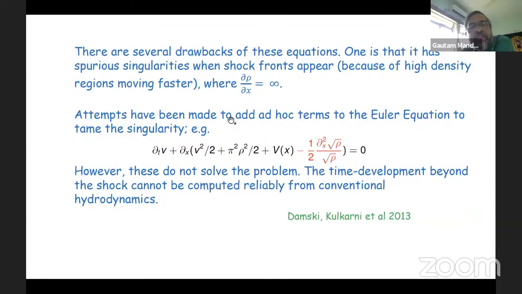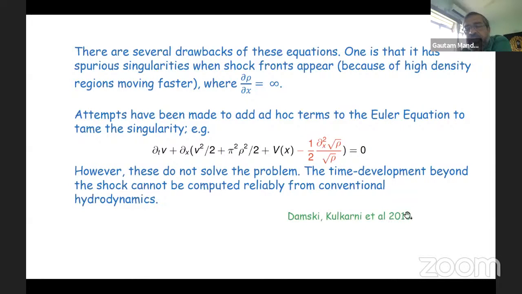Attempts have been made to add some ad hoc terms to the Euler equation, some additional pressure term, a phenomenological pressure term, basically to discourage the development of a singular derivative of rho. However, this does not solve the problem, and the time development beyond the shock cannot be computed reliably from conventional hydrodynamics, even with these things.